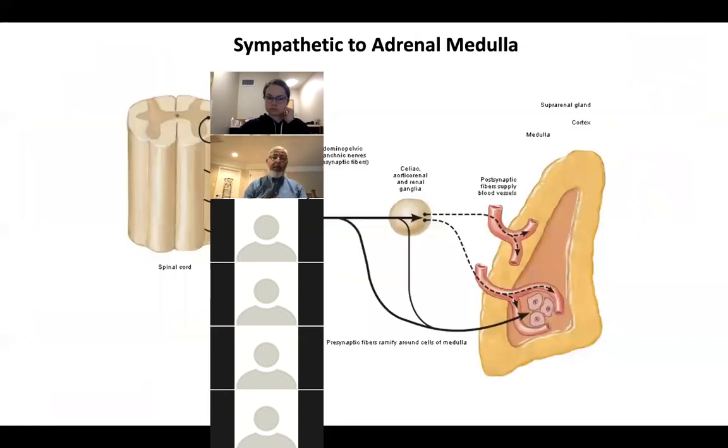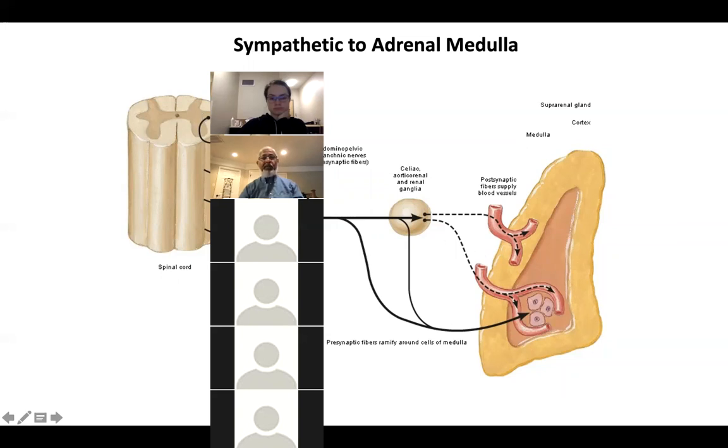So you see, at the beginning I said there is an exception. So this is the sympathetic chain ganglia, right? One thing is, where do sympathetic fibers originate from? They originate from the lateral horn cells between T1 and L2 segments. Once they come out, they can synapse here, and then postsynaptic fibers go to the organ.